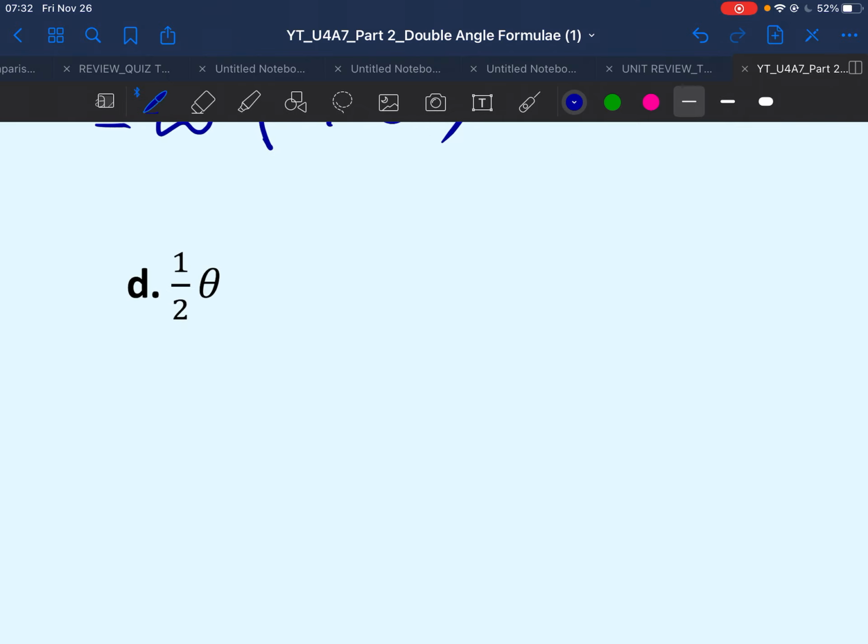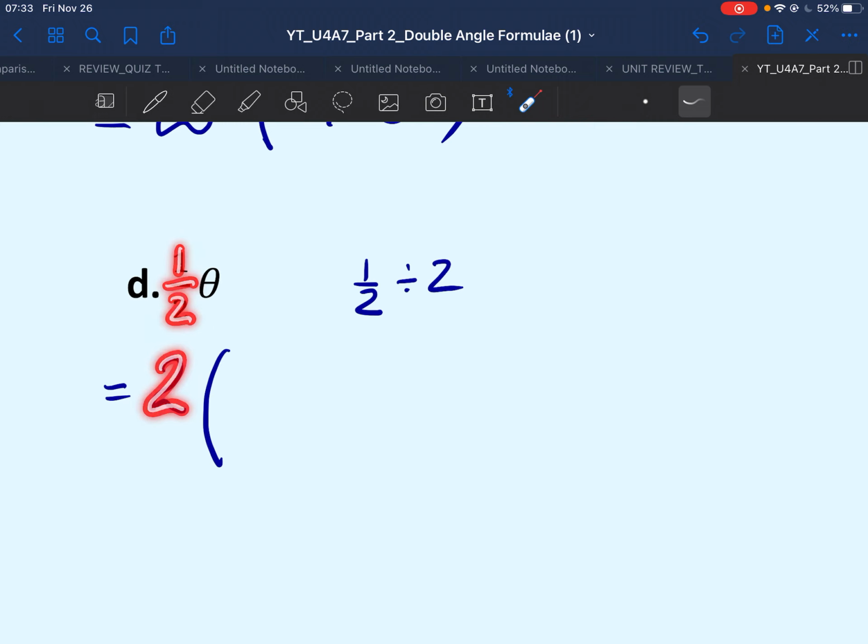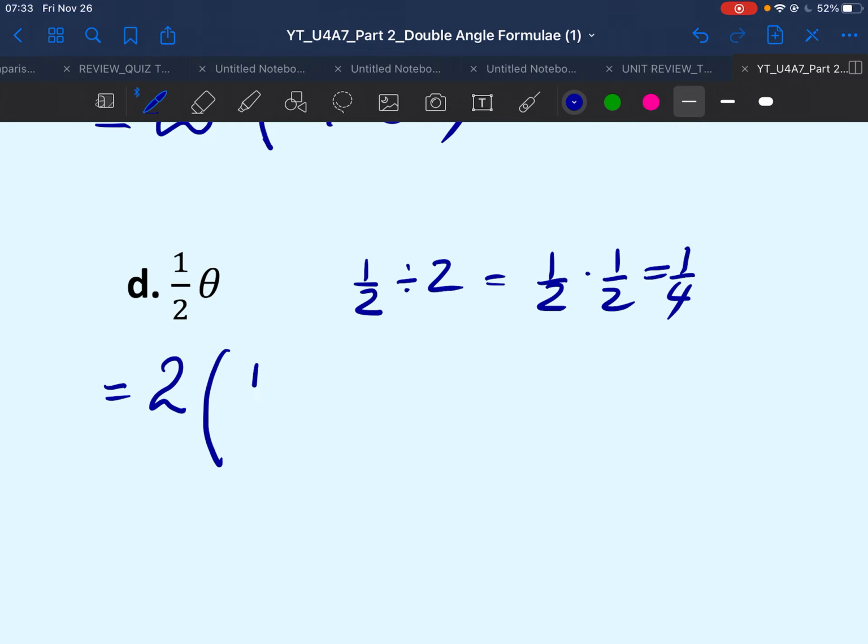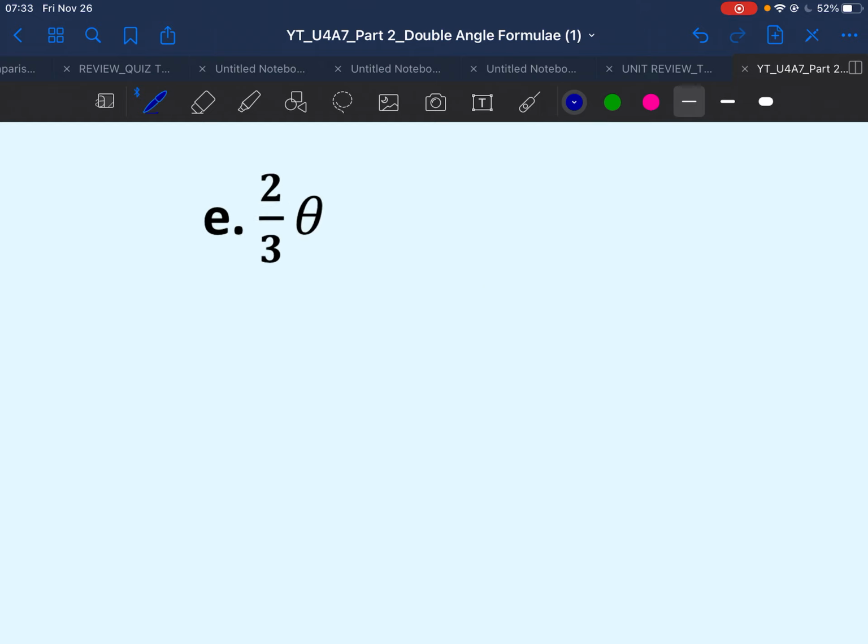Next, 1/2 theta. This can be expressed as the double of 1 over 2 divided by 2, which is practically 1 over 2 times 1 over 2, or 1/4. So 1/4 theta.